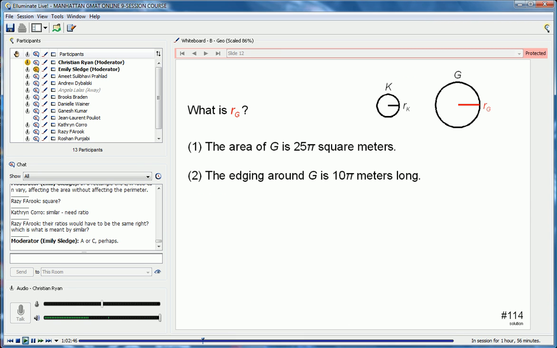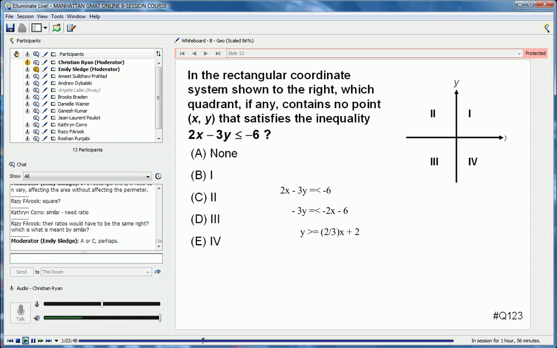Okay, next problem. We've got 2 minutes. Coordinate plane, give it a shot. Go ahead.